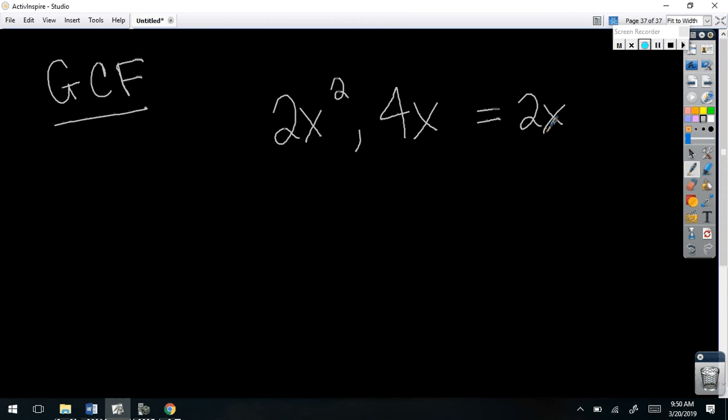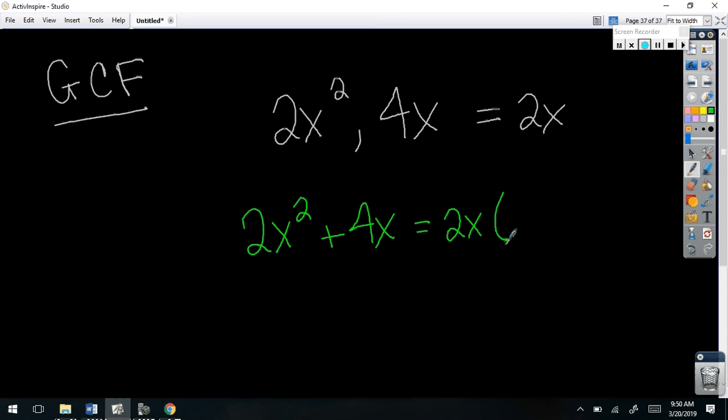What if I had it written like this and I asked you to factor out the GCF? Remember when we did that? We took it out and wrote it on the outside. It'd be 2x and parentheses, what's left?